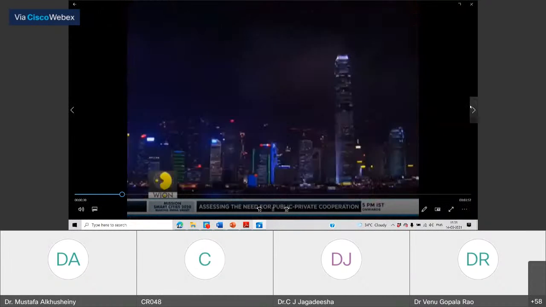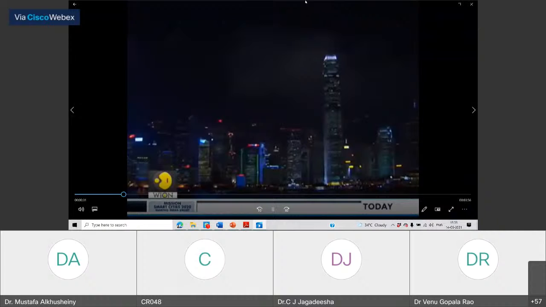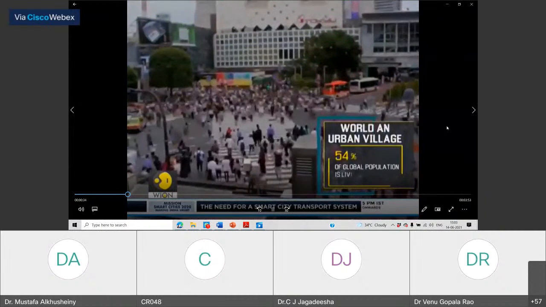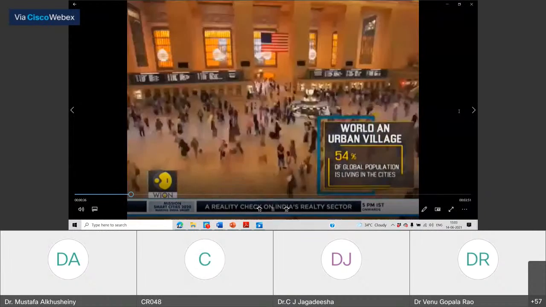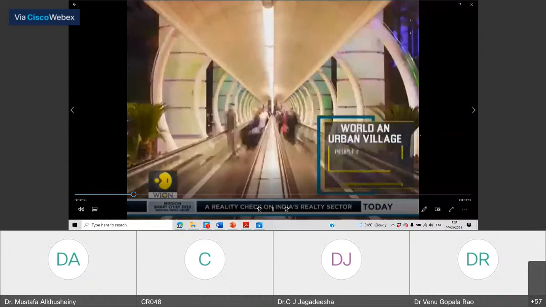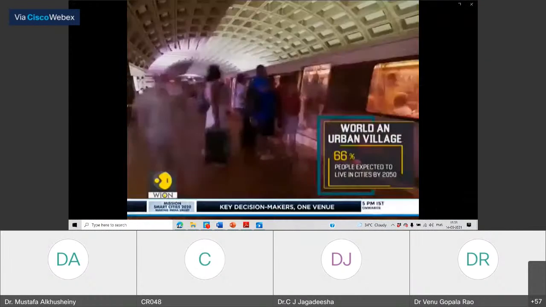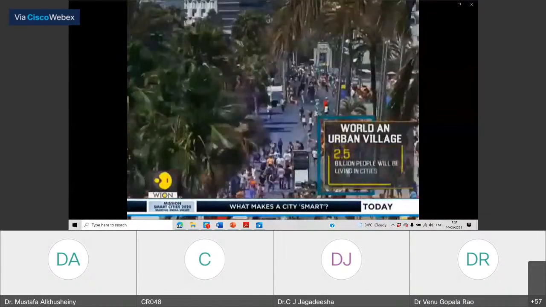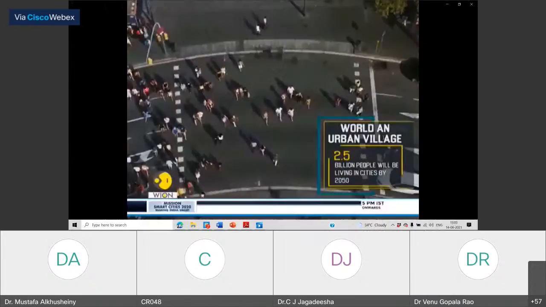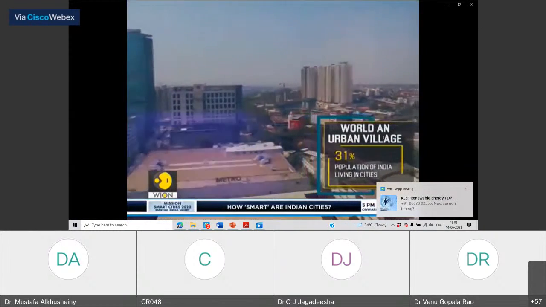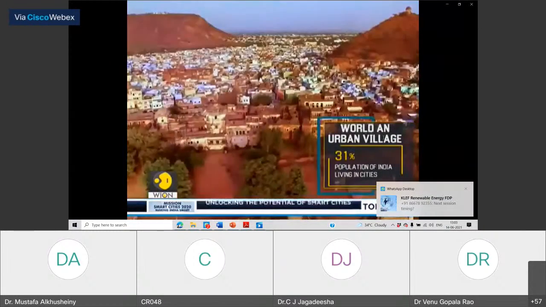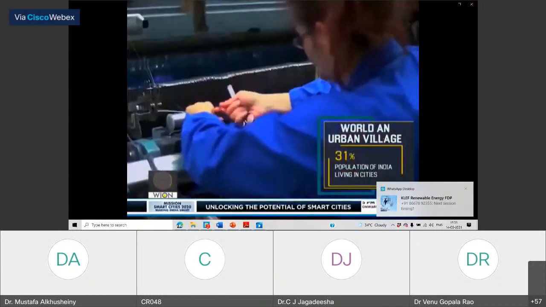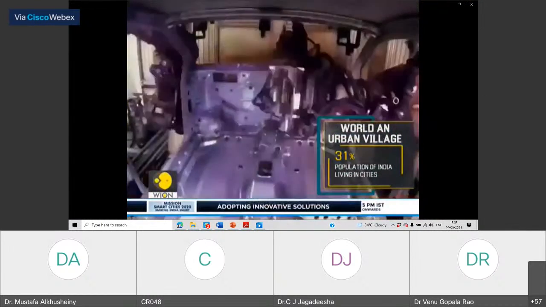Urbanization is a never-ending phenomenon. Today, 54% of the global population live in cities, which could reach 66% by 2050. This will add another 2.5 billion people in the cities. In India, 31% of the current population lives in cities and contributes 63% of the GDP.